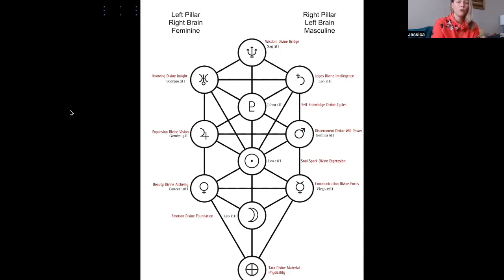So Pluto is helping us find mastery by giving us the challenges and the lessons necessary to crack open the gates of, not just intelligence, but of all these different gates, right? Of divine wisdom and divine insight. So Pluto's right there at the center.